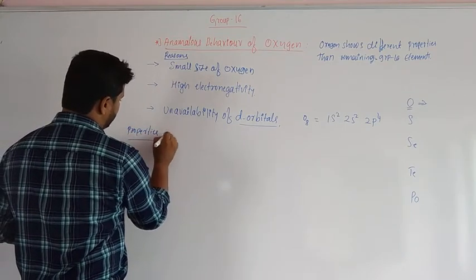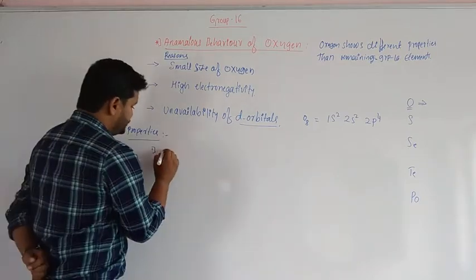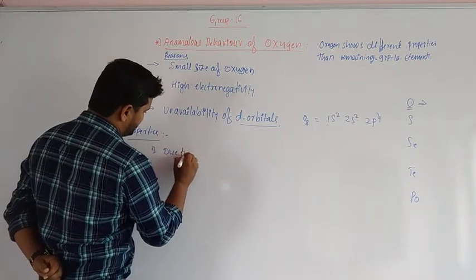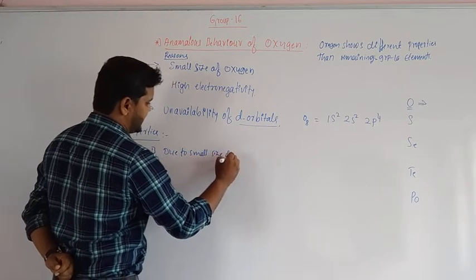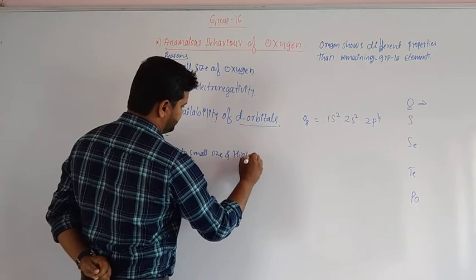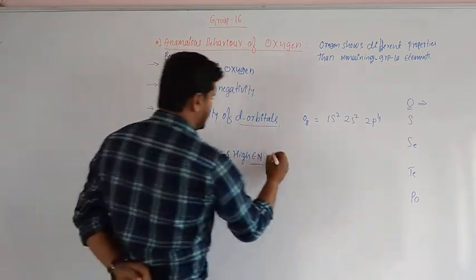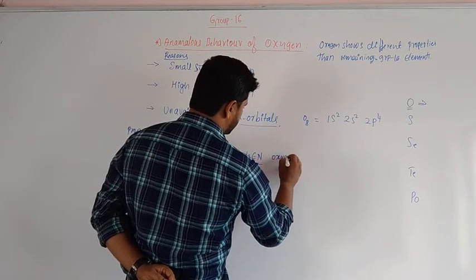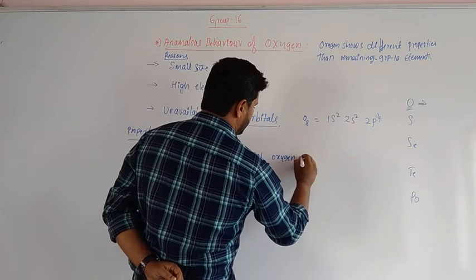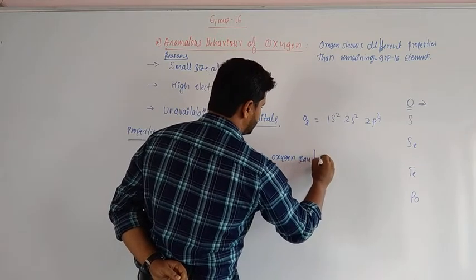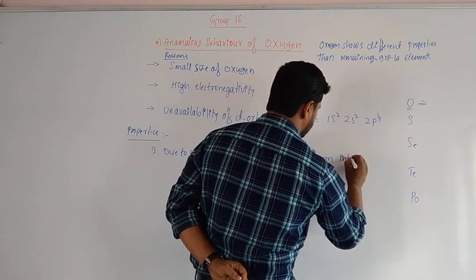Means anomalous properties are, first one, due to small size and high electronegativity, oxygen can form intermolecular hydrogen bonding.